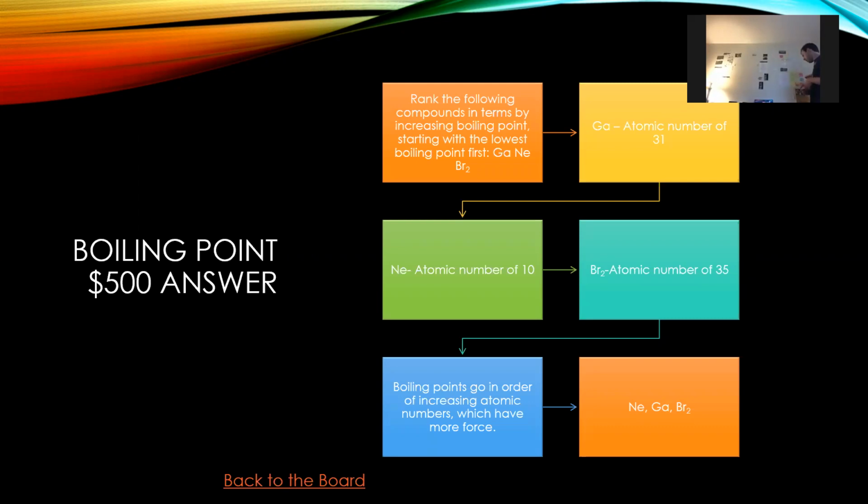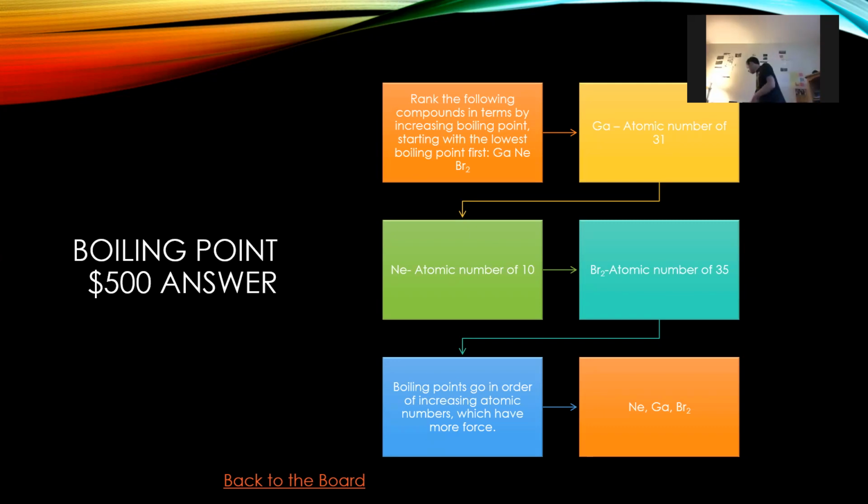So, as atomic number increases, so does the boiling point. So, the first one is neon, because that has an atomic number of 10. Then we have gallium with an atomic number of 31. Then we have bromine with an atomic number of 35.